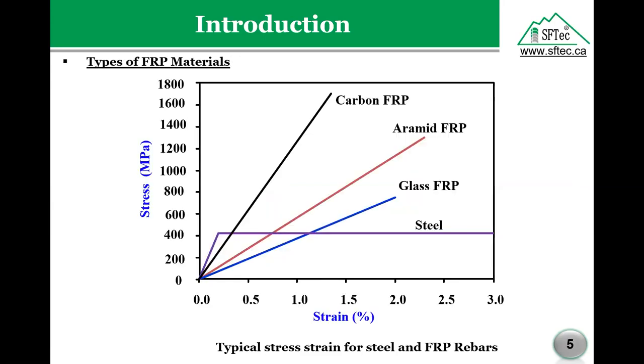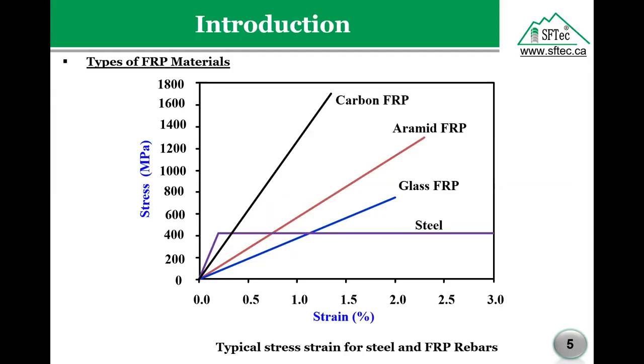So the different types of FRP and how they compare to steel. As most of you know already, we have different types of FRP. We have more than what's listed here. We have glass, aramid, carbon, basalt. However, those are the three main or more popular fibers.